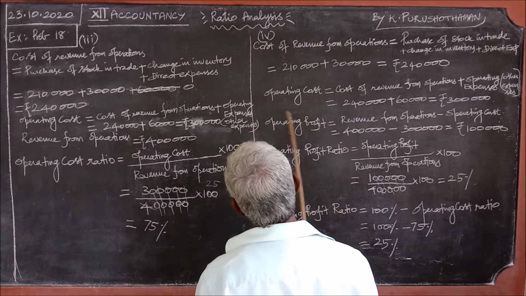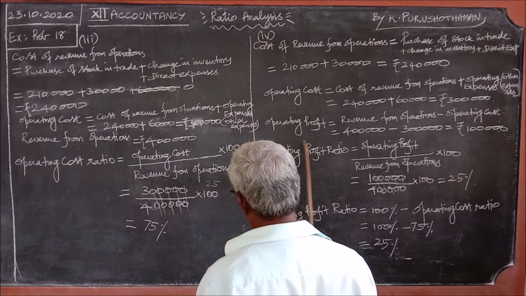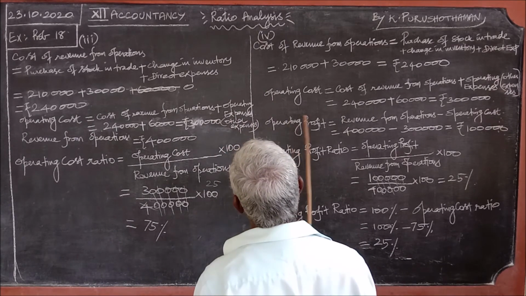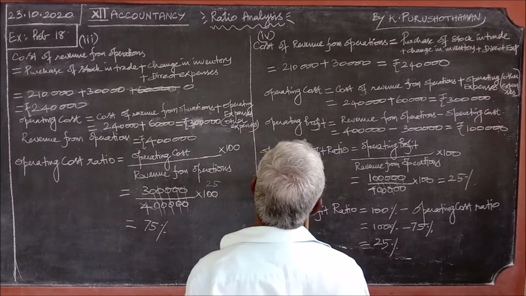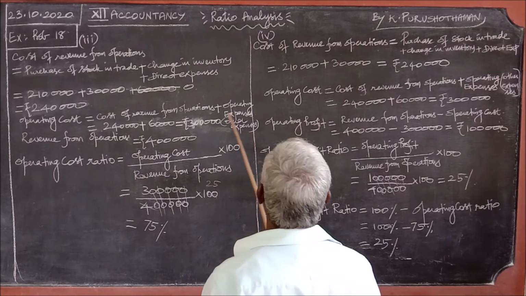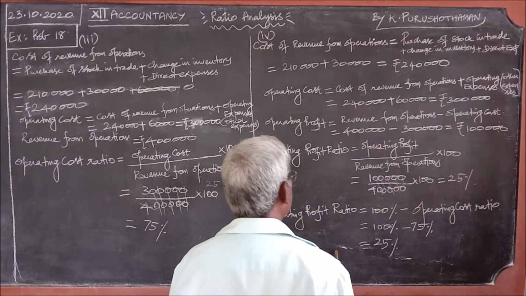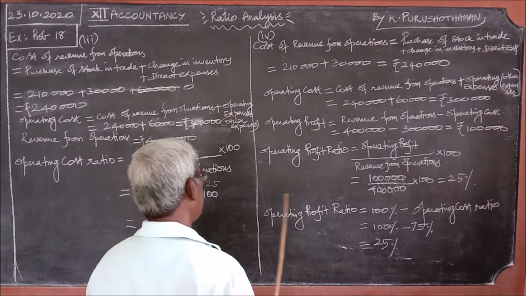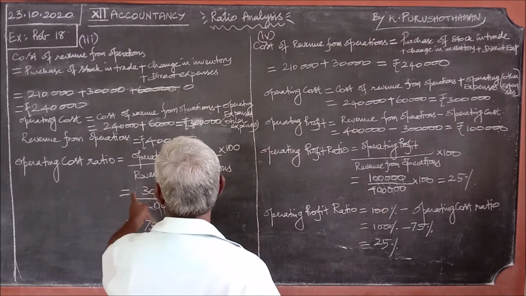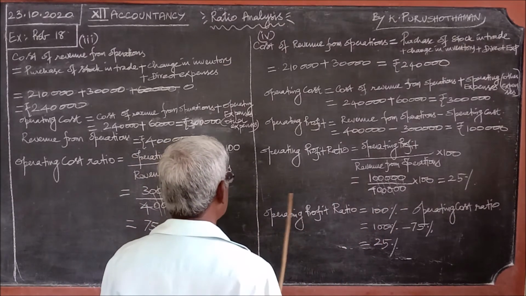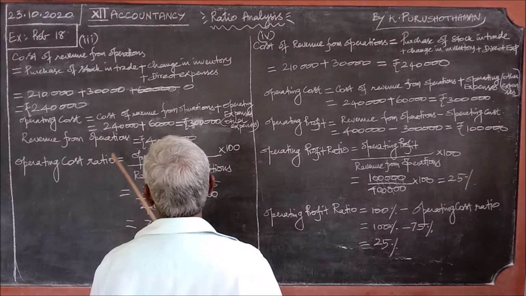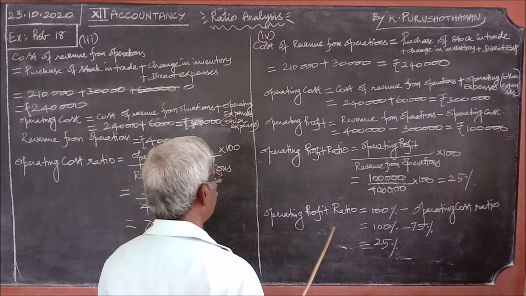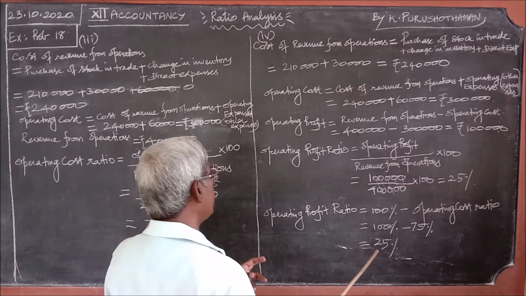If these two ratios are asked to be found out in the question, then after doing this you can come to the shortcut method, that is operating profit ratio is equal to 100 minus this ratio. Because the sum of these two, operating cost ratio plus operating profit ratio, will be equal to 100.